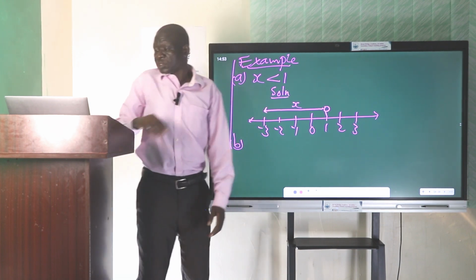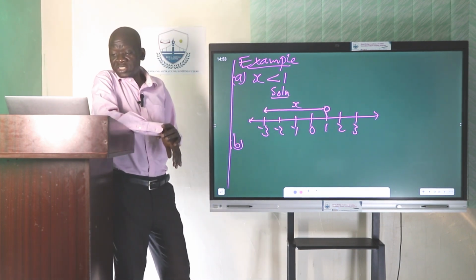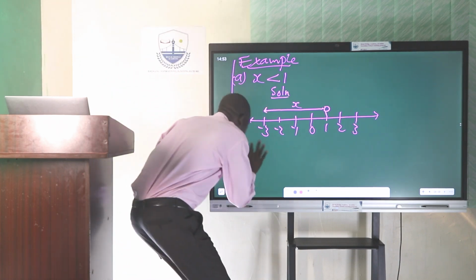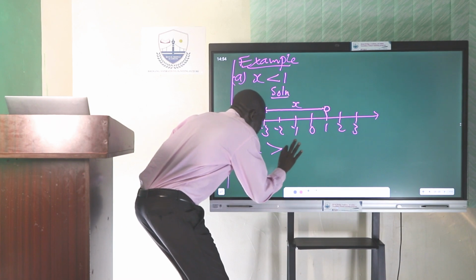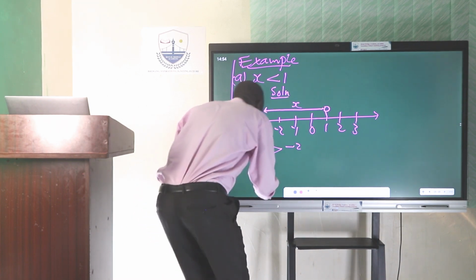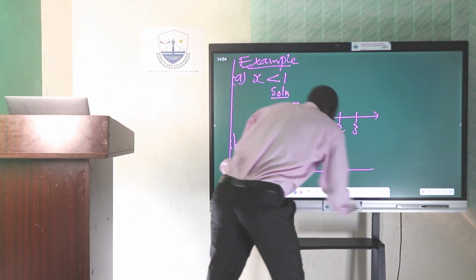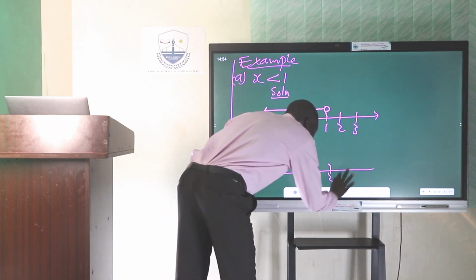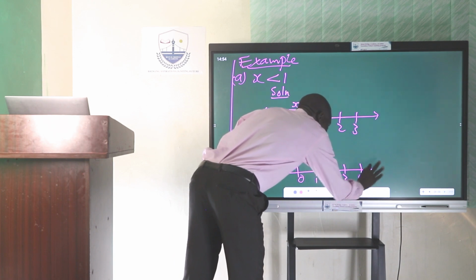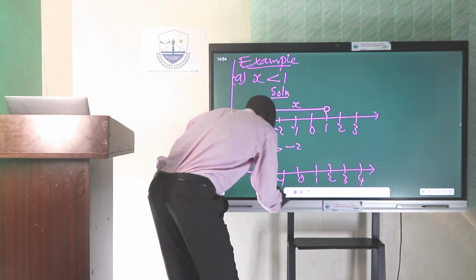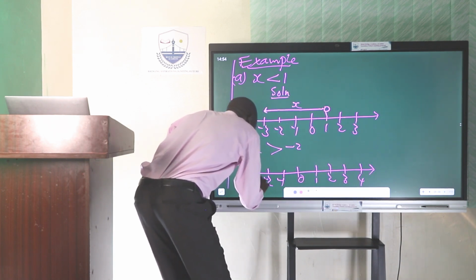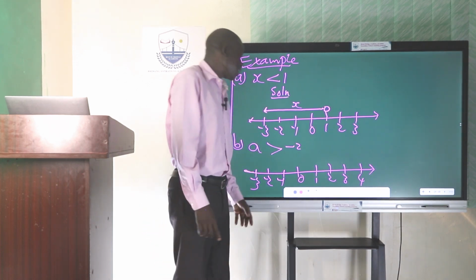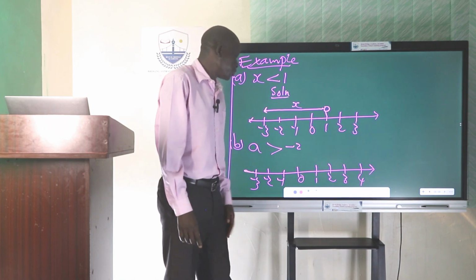Part B, we have x is greater than -2. We do the same. We draw a number line, 0, 1, 2, 3, 4, and so on, and -1, -2, -3. So we look for where -2 is.